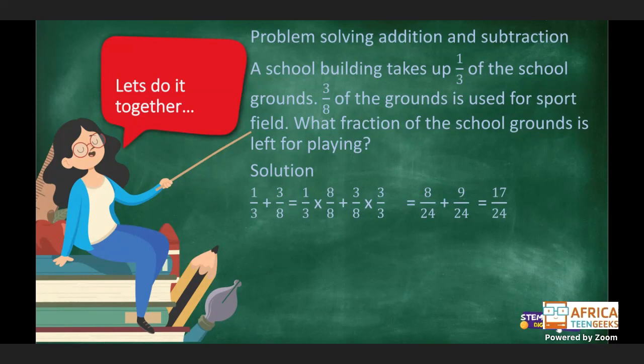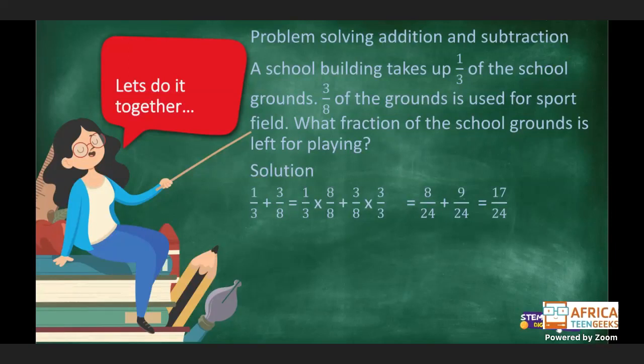So basically here, guys, you will add both of the fractions. You will add the fraction for the building, and you will also add the fraction for the sport field, because in your plot there's a school building, and there's a sport field, and there are other spaces again for learners to play, right?